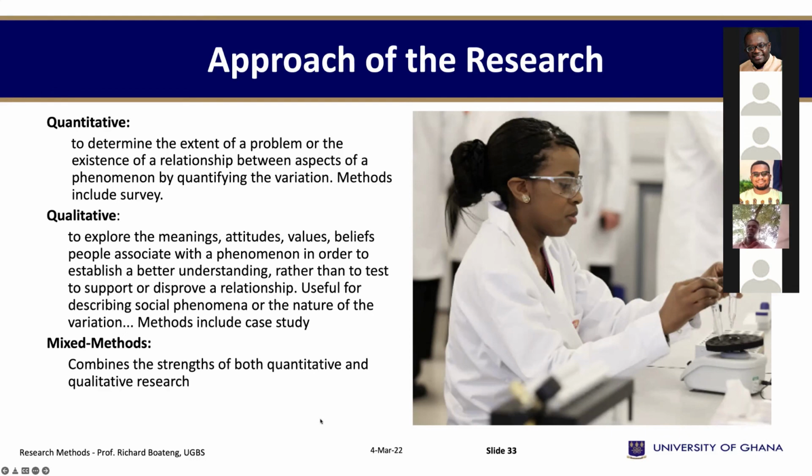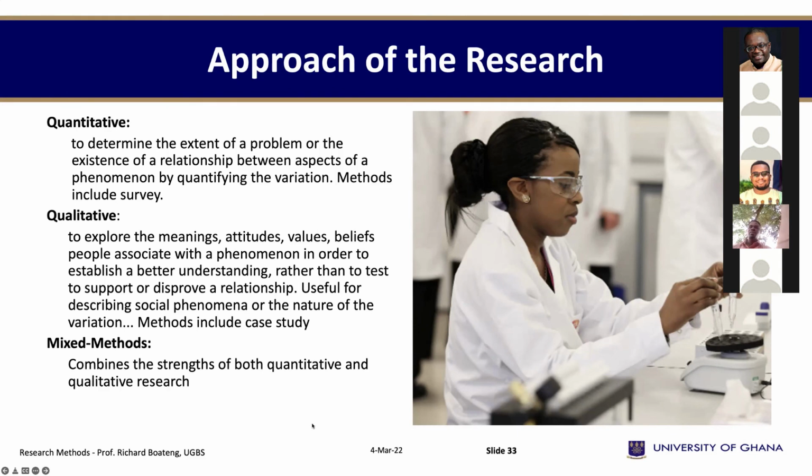But have I answered the question now? Yes, please. Okay. So, the approach of the research. Sometimes we can also differentiate the type of research by the approach of the research. Approach means the way we are going to carry out our data collection. What is the relationship between the data and us, the research methods and us?